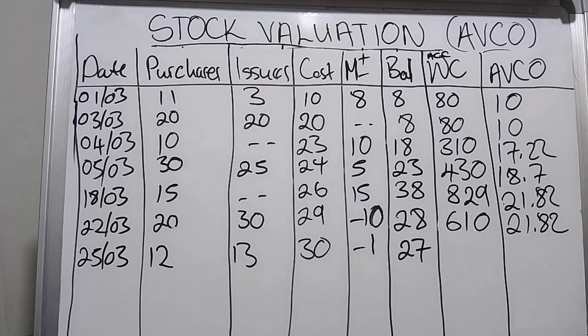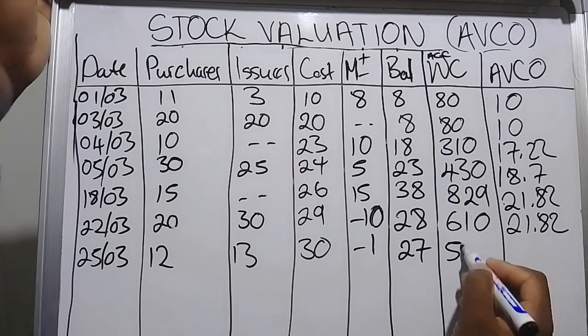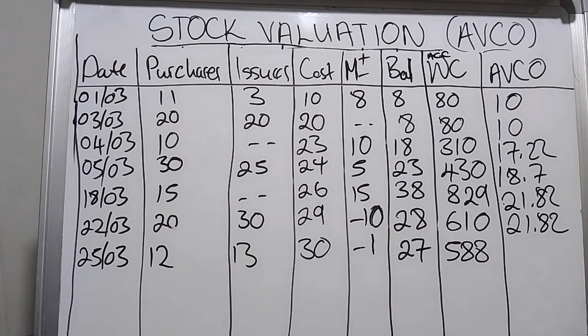So we are saying 21.82 times 1 and deduct whatever we get from 610. Then we remain with 588. Then the average cost also has to remain the same. So if we divide 588 by 27, we still come up with 21.8.